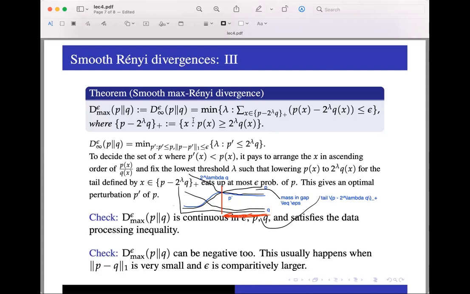How does one prove the theorem? We need to decide the set of x's where P prime is less than Px.